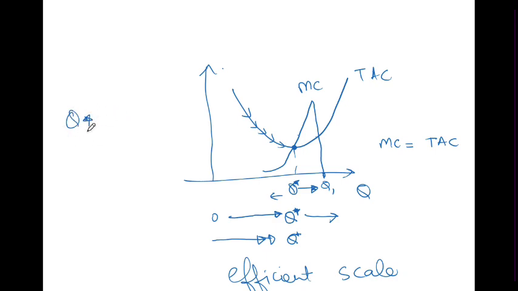They keep on producing more, and the idea is that as they produce more, their total average costs will fall. But there comes a point after which total average costs start to increase, and that's a no-no for producing more.